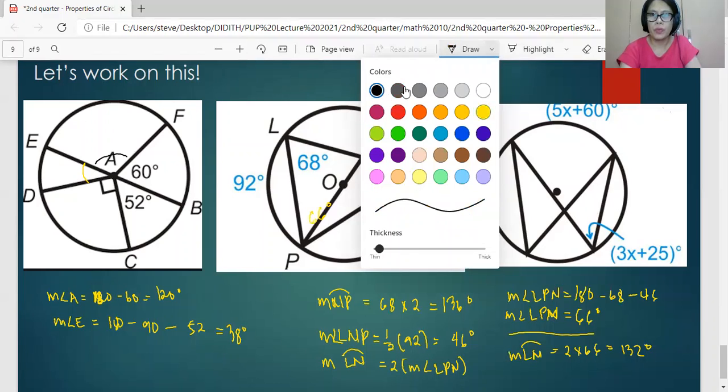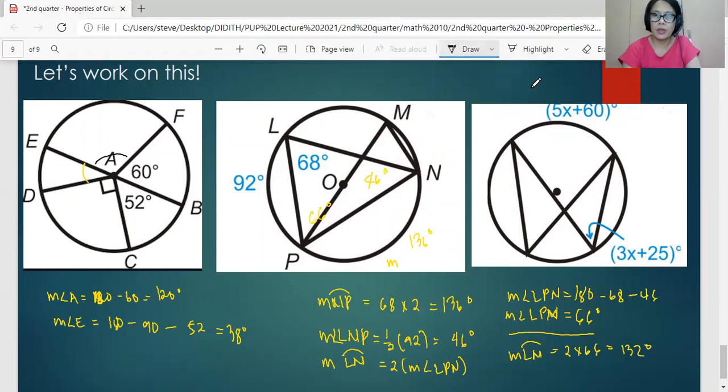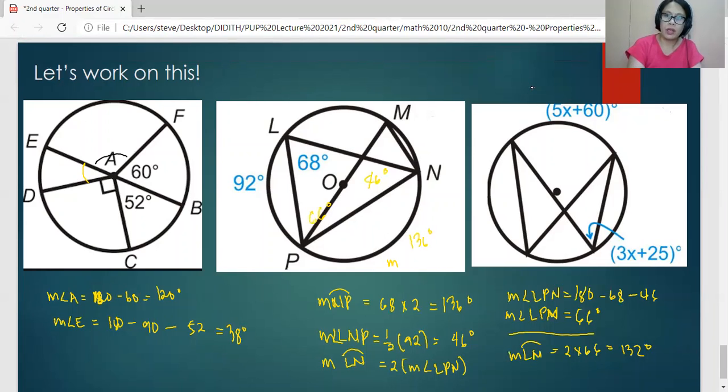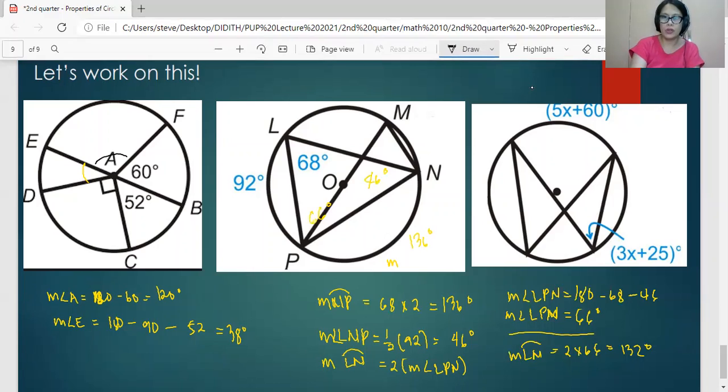So we'll be able to solve for x by considering that the measure of an inscribed angle is 1/2 of its intercepted arc.